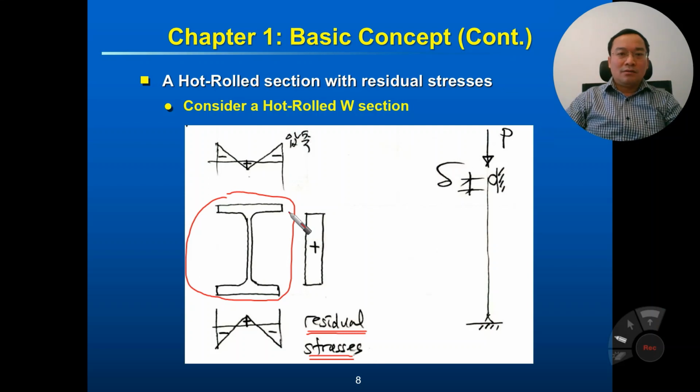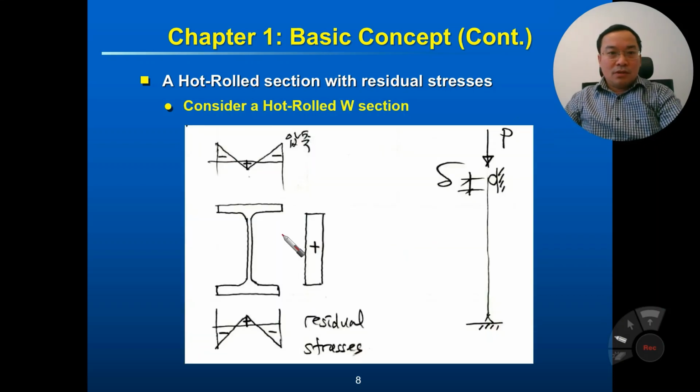So now this is a column under axial force. Then you can see the relationship between the load and the deflection in the hot roll section.